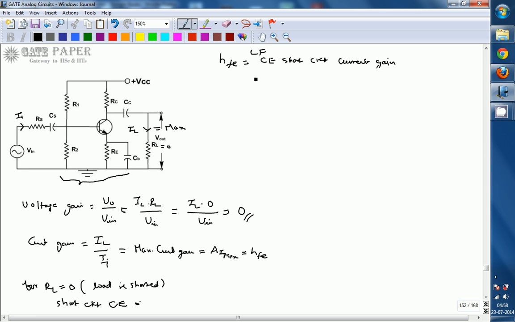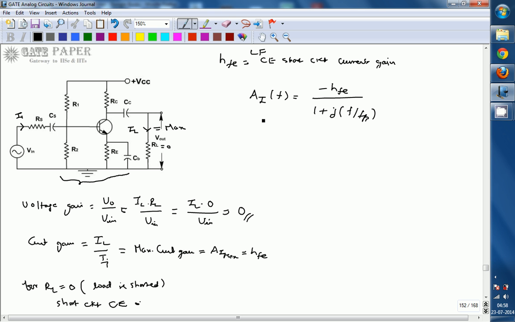So this is what HFE is, and as a function of frequency, AI is equal to minus HFE divided by 1 plus j times f by f beta.